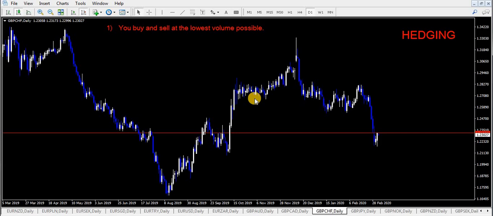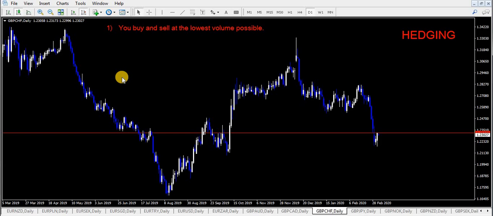So if you bought at 0.01 and a pip is 10 cents, let's say it's like the GBP Swiss franc, where a pip at a micro lot is 10 cents, now if the spread is 2 pips, the only amount of money you will lose when you hedge is 20 cents, only 20 cents. Once you do this, no matter how far the market goes, you only lose the spread.